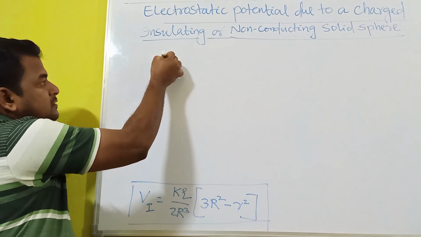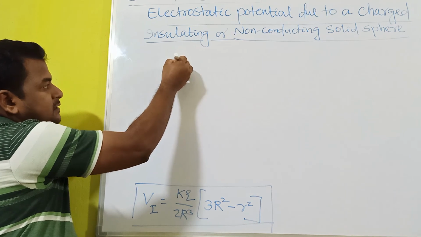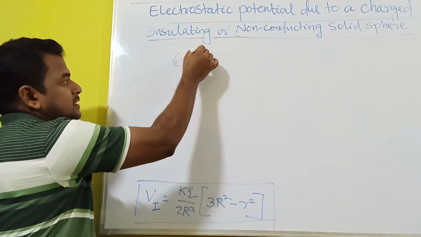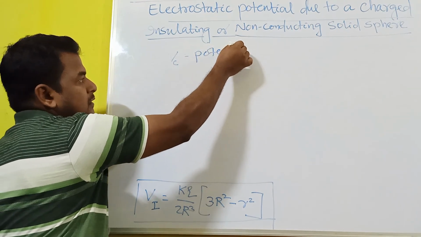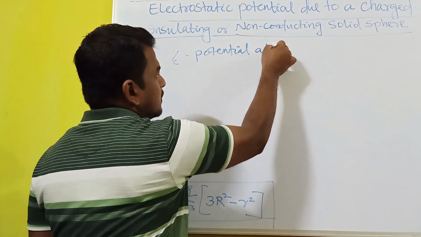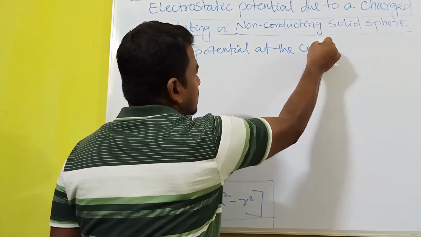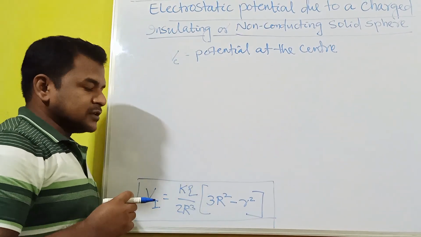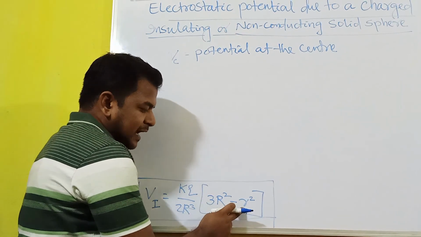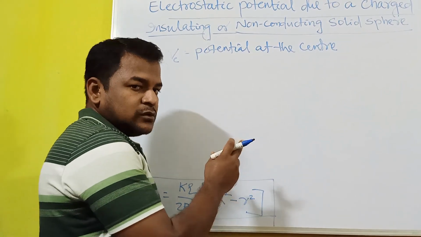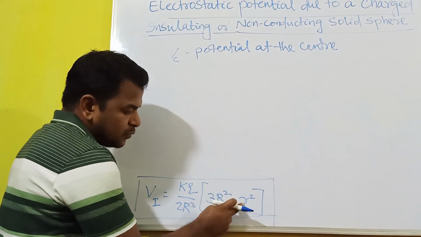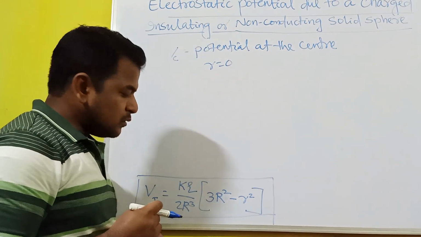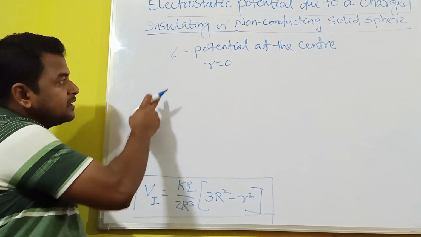So by using this value we can derive the expression for the potential at the center. Suppose that is VC. VC means potential at the center. Center means this small r will be 0. So if we put the value of r is 0, then we can get the value of VC.